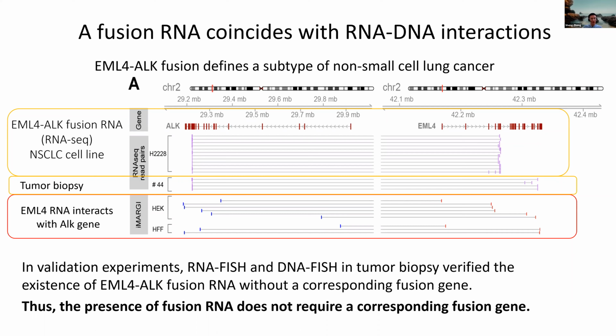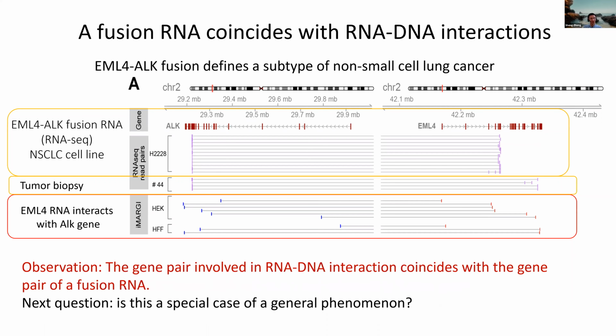So our observation is that the gene pair involved in RNA-DNA interaction coincides with the gene pair of a fusion RNA. Our next question is, is this a special case, or is this a general phenomenon?